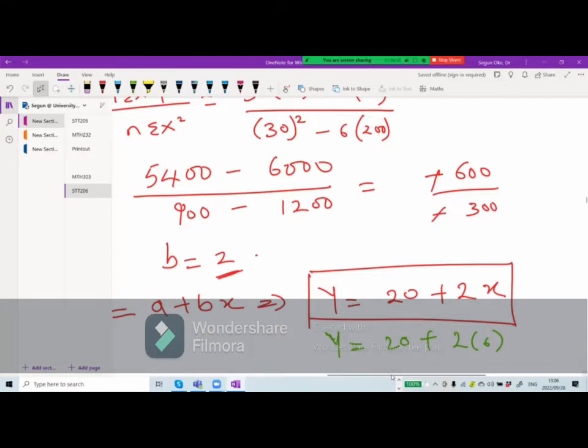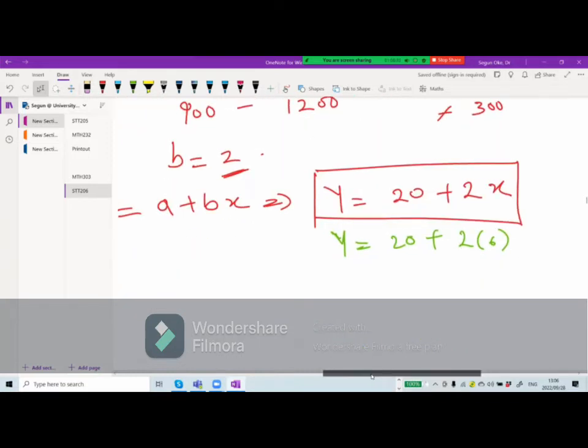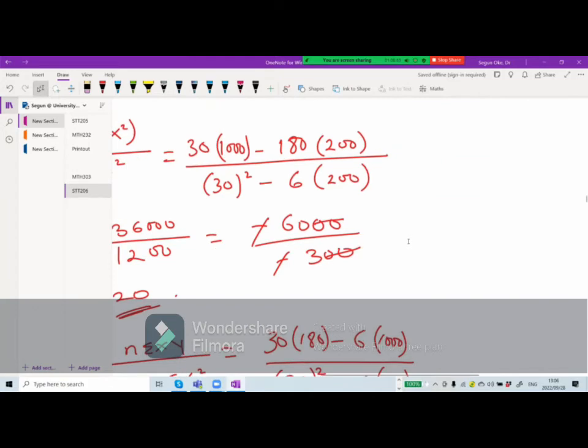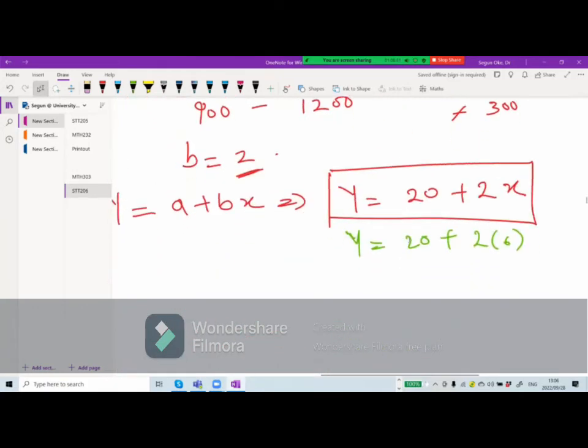Remember, what does Y represent from your note? Please check it. Is it not annual profits? Yes, annual profit.